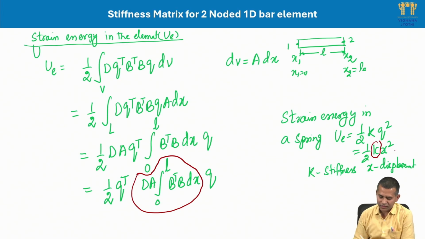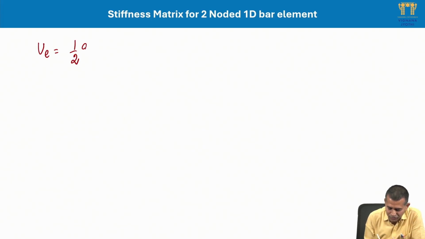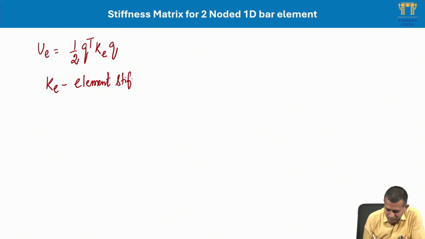So x square is nothing but q transpose and q, and the rest is this k. So we can write that this entire strain energy U is nothing but q transpose into ke into q, where this ke is nothing but the element stiffness matrix, right? Element stiffness matrix. What do you have in that?